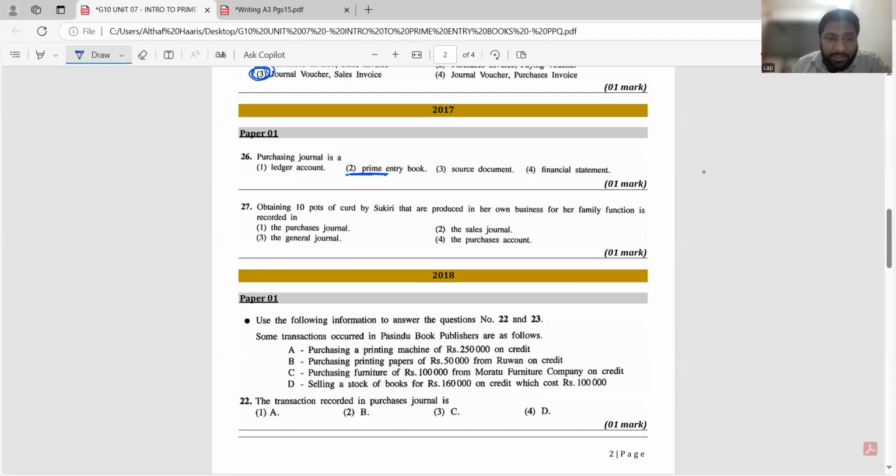So she is doing a curd business, so curd is the main stock. Obtaining 10 pots of curd, she is taking for her family function.